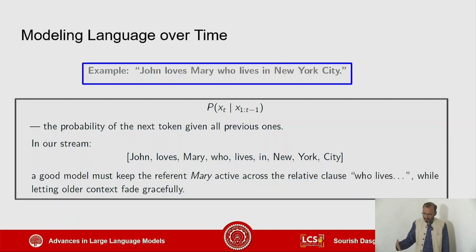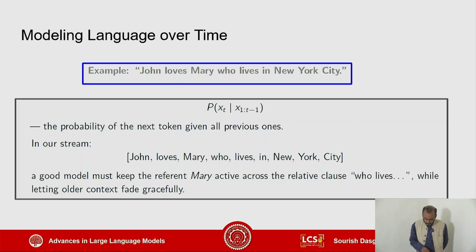So if you look at statistical language modeling, as an example, if you have a sentence like John loves Mary who lives in New York City, the usual language modeling problem is that you have to predict what is the next token given a sequence of prior tokens. So it is always an estimation of the conditional probability density in an autoregressive setup, once you have new and new tokens predicted within that autoregressive setup, right?